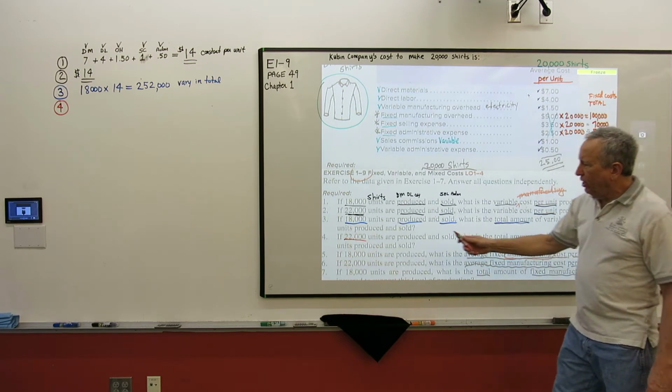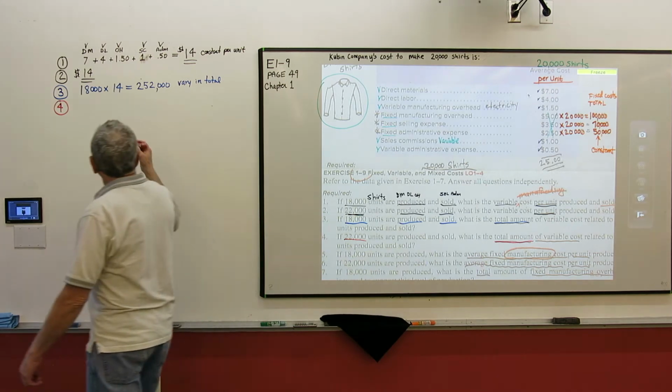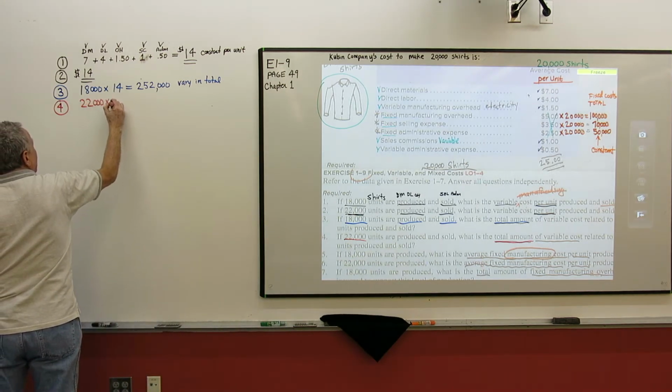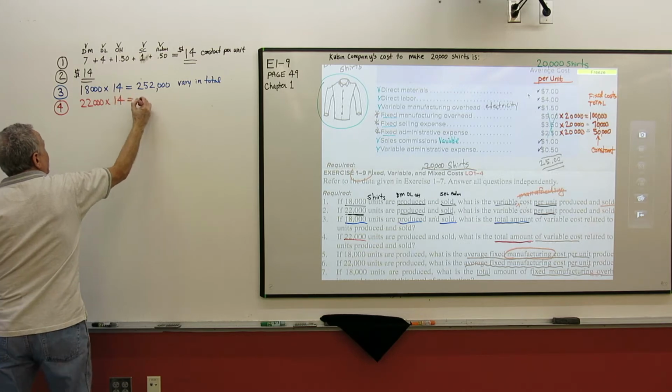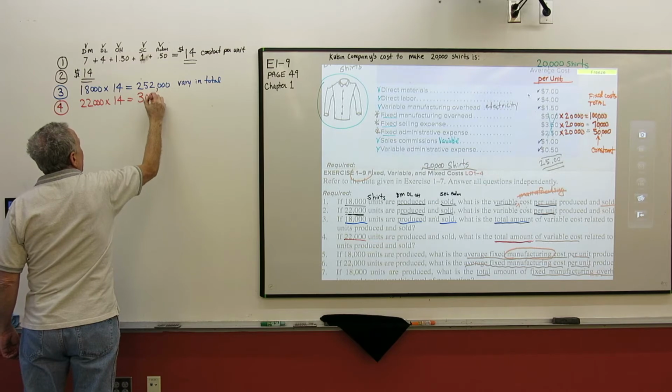Again, they're seeing if you know what will happen if we go up to 22,000 units. Hopefully you'd say, I know that it's going to vary. 22,000 units times $14 is $308,000.